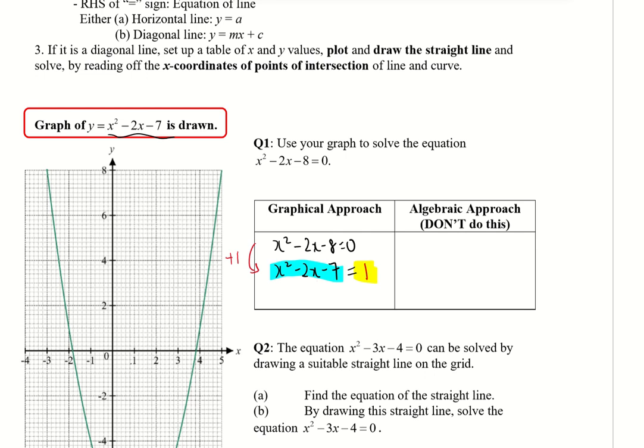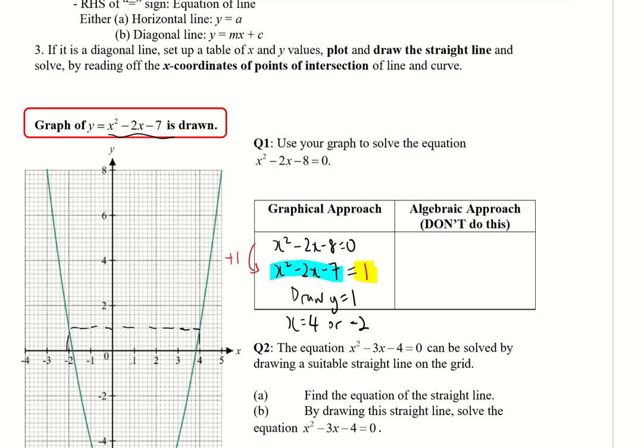So the other side of the equation is y equals 1. I can read off y equals 1 on the y-axis and draw a dotted line, then read off the x coordinates, which are 4 and negative 2. So x is 4 or negative 2.